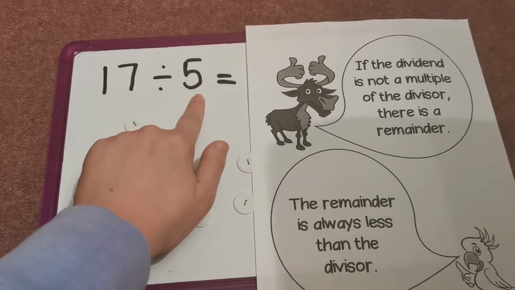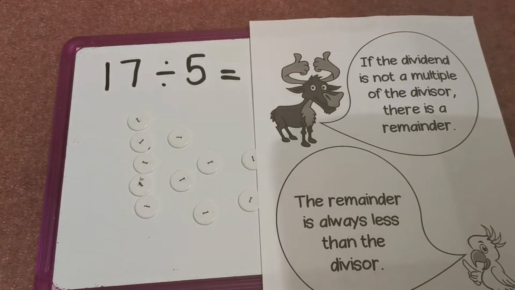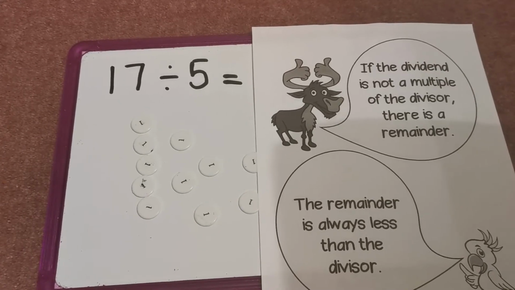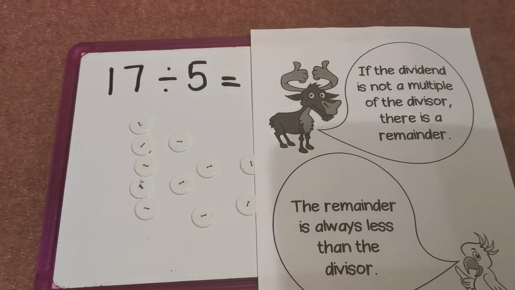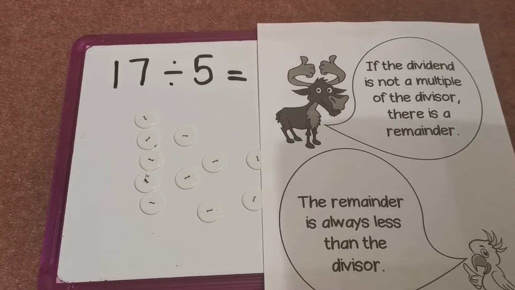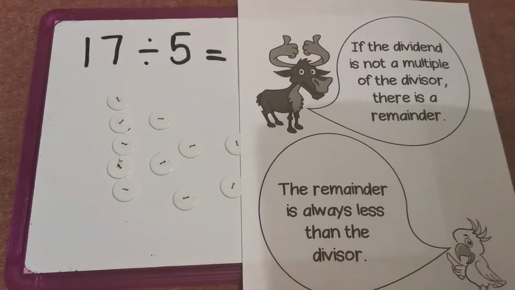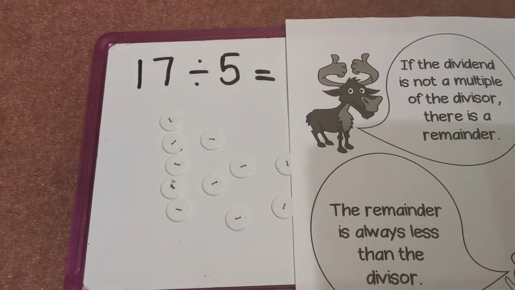What that means is, when we're counting in fives, in our times tables, a multiple is one number multiplied by another that makes the product, so the answer. In easier terms, it means: is it in the 5 times table? So 17, is that in the 5 times table?